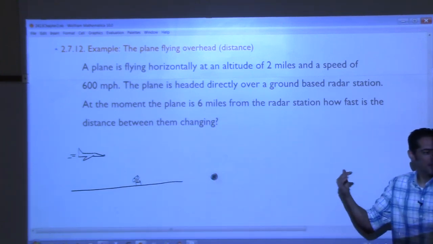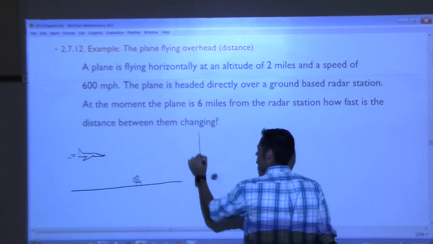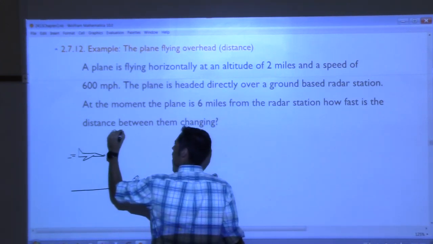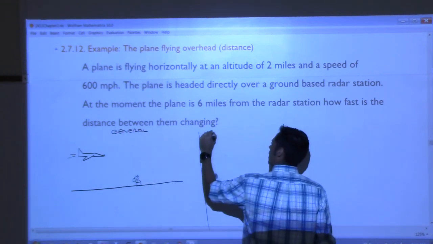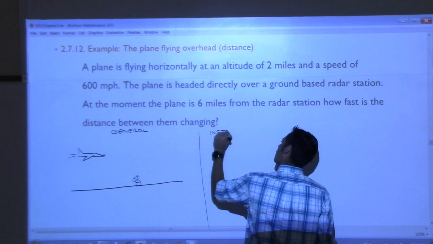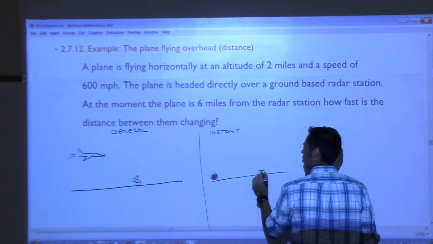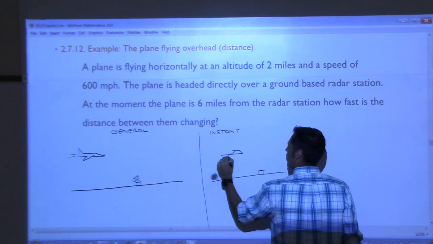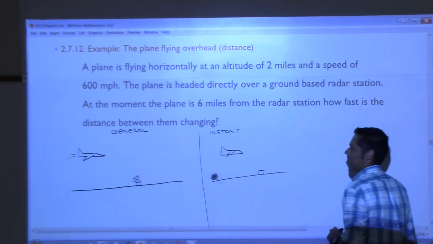So that plane is moving in that picture. This is my general picture. Then I have the instant in time, which is going to basically be the same picture. If you can't draw a plane as good as I can, don't worry about it, okay?